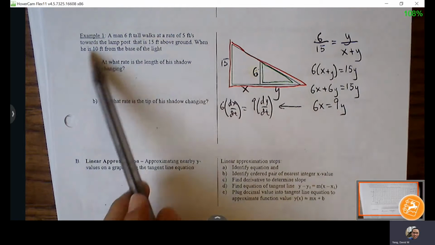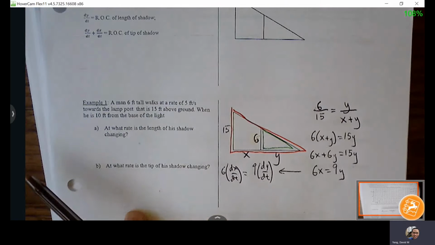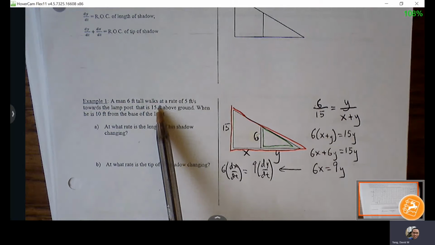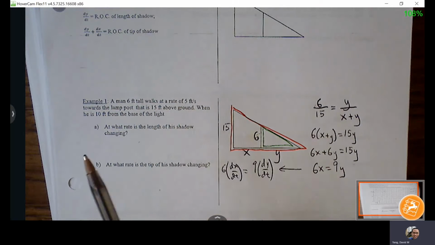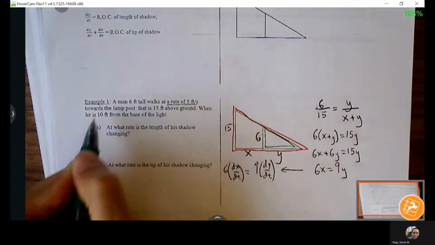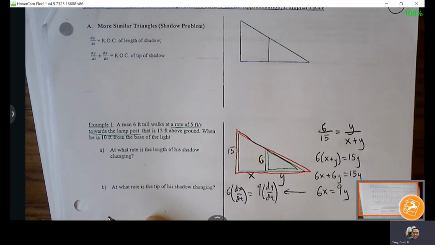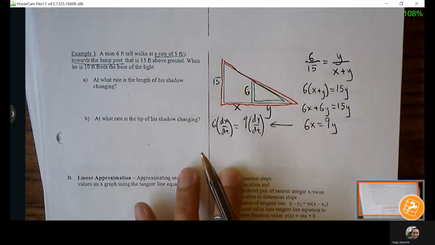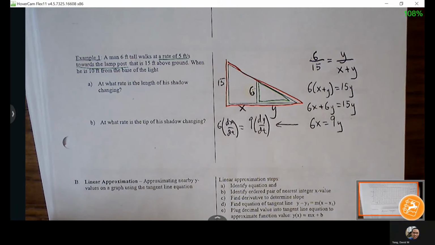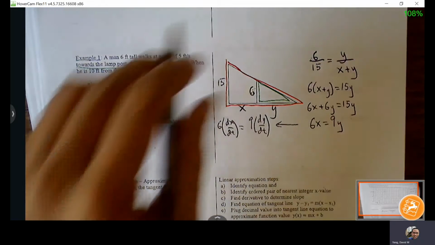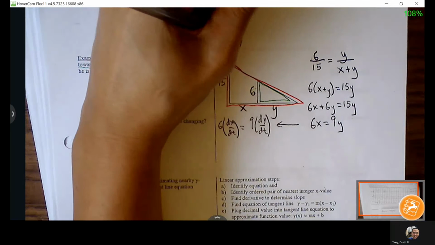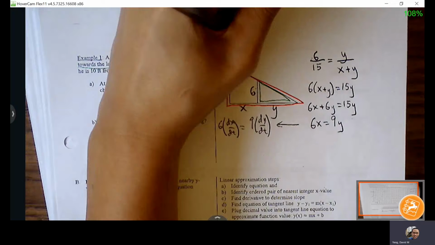Let's go back to the problem and see if we can start assigning some values here. A man 6 feet tall walks at a rate of 5 feet per second towards the lamppost. Yeah, dx/dt. But is dx/dt positive?